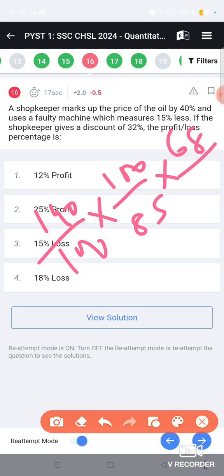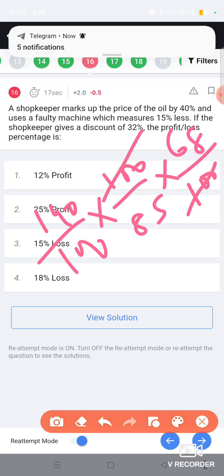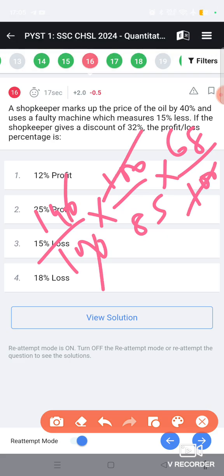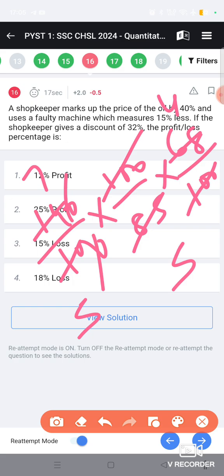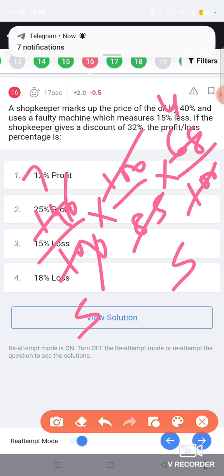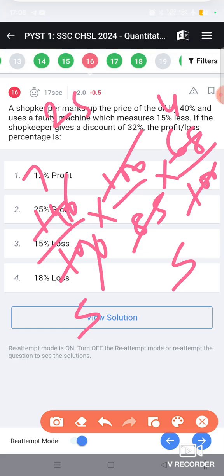68 divided by 100. 100 cancel. 10 cancel. And 5. And this is 5. And this is 7. 28 by 25. 28 by 25.